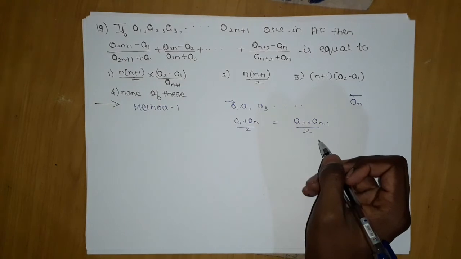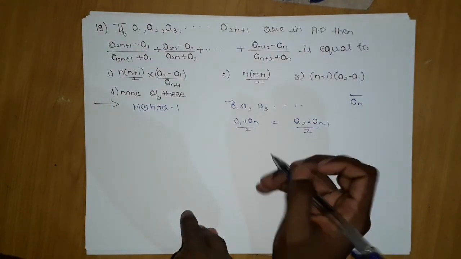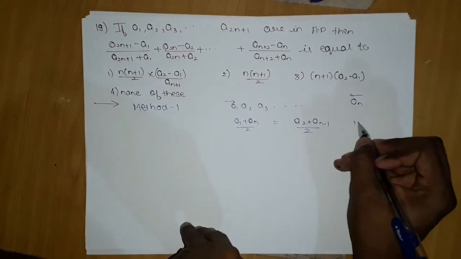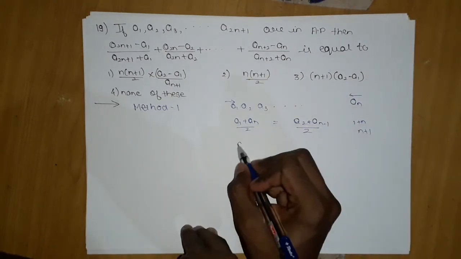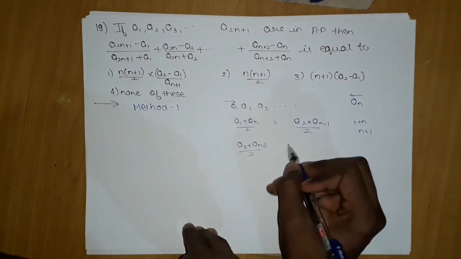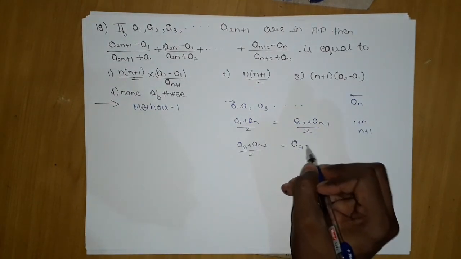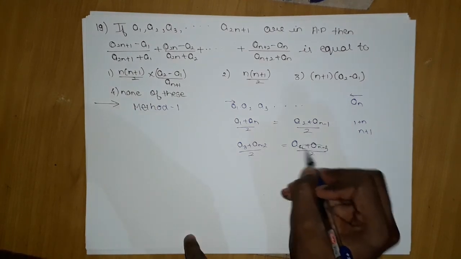This is nothing but the arithmetic mean property, or you can say that the sum of the subscripts, here n plus 1, stays the same. Similarly a3 + an−2, again the sum of subscripts is n plus 1, and a4 + an−3 also gives n plus 1.